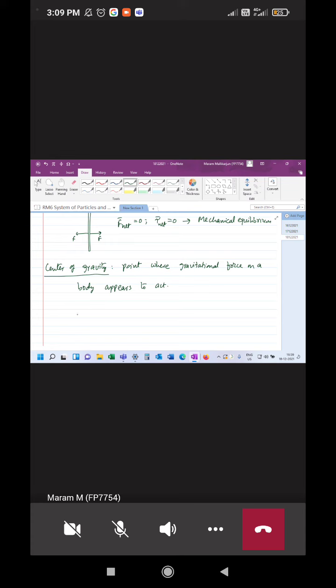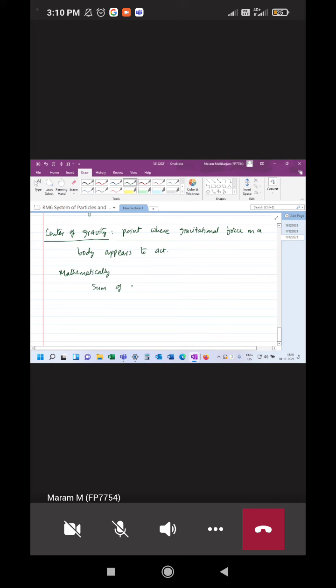By definition, center of gravity is the point where the sum of gravitational torques on all mass particles of the body about the center of gravity is 0.